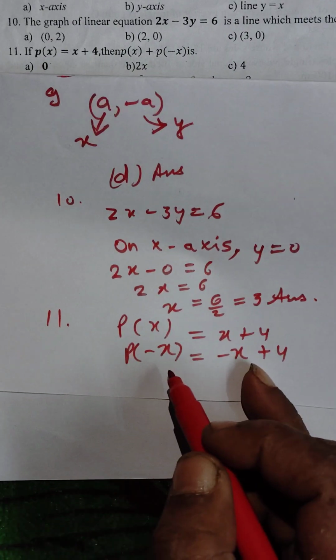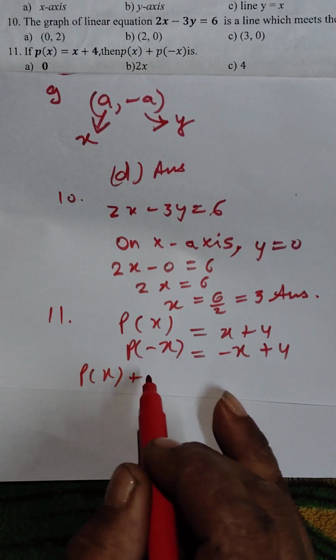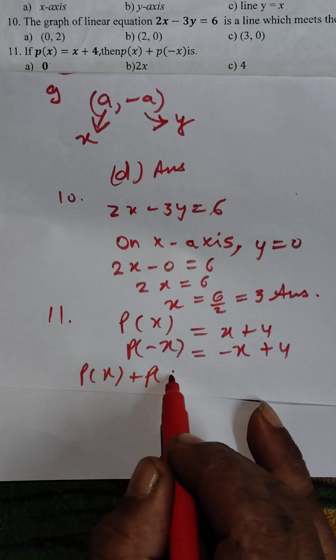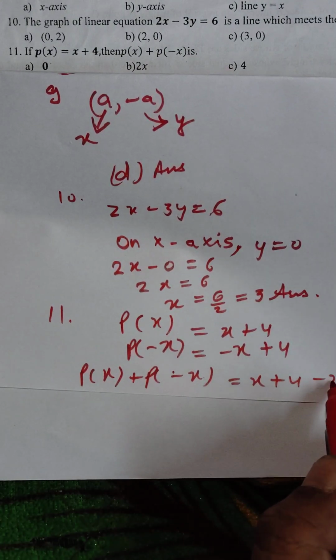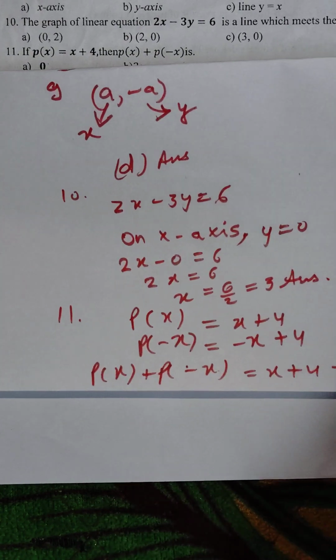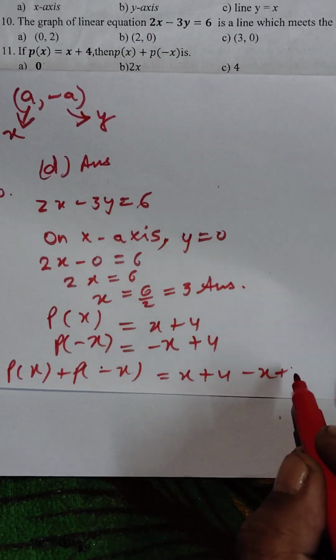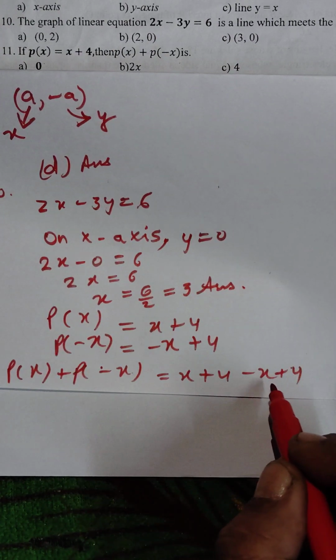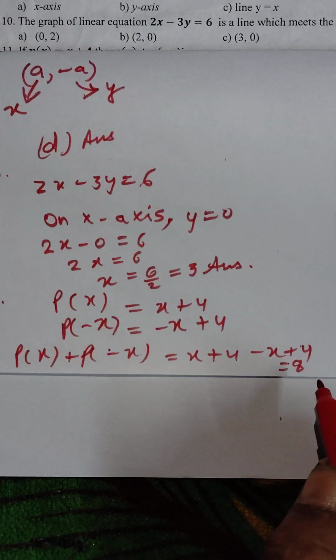Adding both the equations, we get p of x plus p of minus x equal to x plus 4 minus x plus 4. The x cancels out, 4 plus 4 is 8, so 8 is the correct answer.